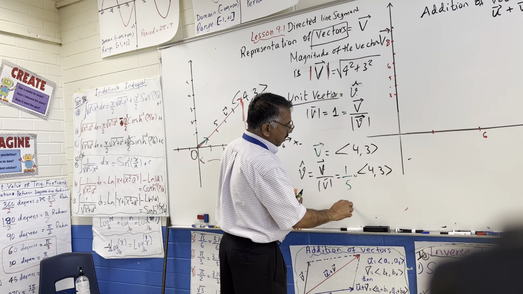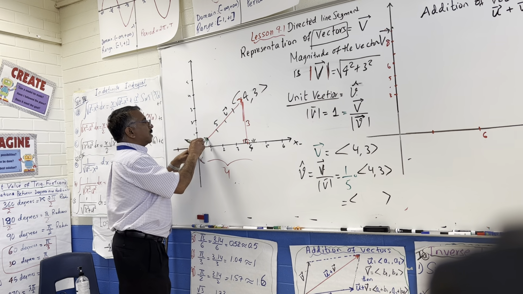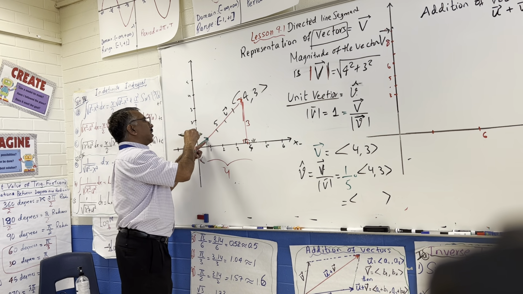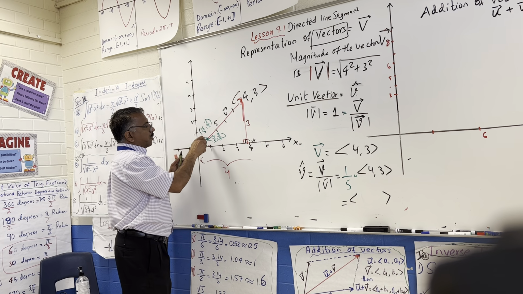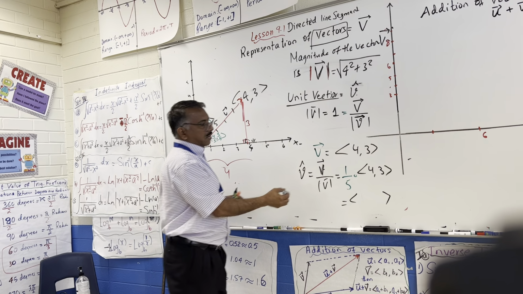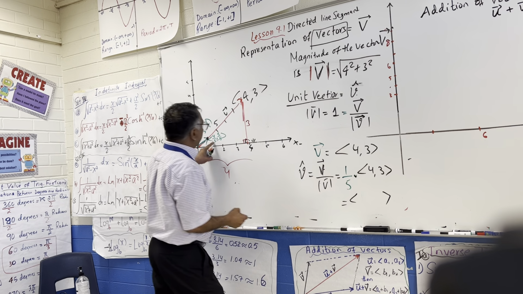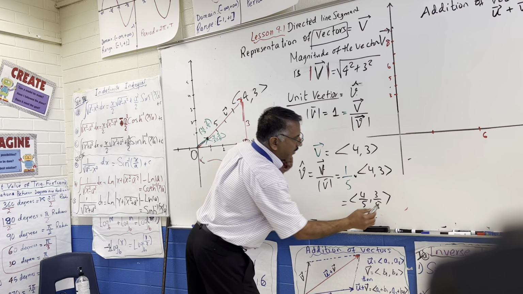Your new vector is this one. The point will be 4 by 5 and 3 by 5, but to write the vector, this is how I should write it. That's the difference between the point, the ordered pair, and the vector. It is 4 by 5 and 3 by 5, and it is done.